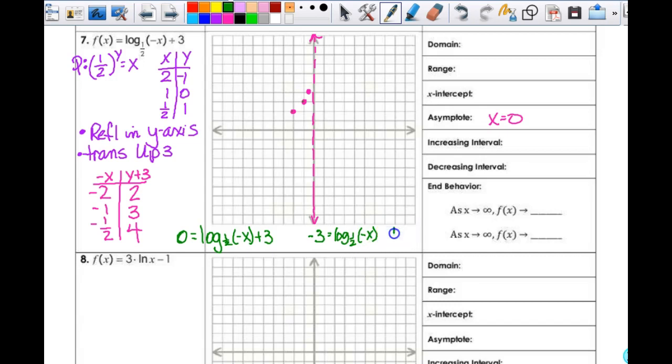So then I rewrite that as 1/2 to the negative 3 power equals negative x. So what's 1/2 to the negative 3 power? 8. So 8 equals negative x, so x equals what? Negative 8. So negative 8, 0 is your x-intercept, at this point right there. Now I have enough to graph it.